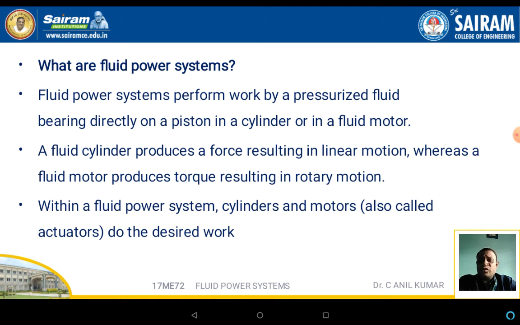Fluid cylinders produce force resulting in linear motion, whereas fluid motors produce torsional rotation, either continuous or instantaneous. Within fluid power systems, the cylinders and motors are called actuators, where the desired work can be achieved very easily.